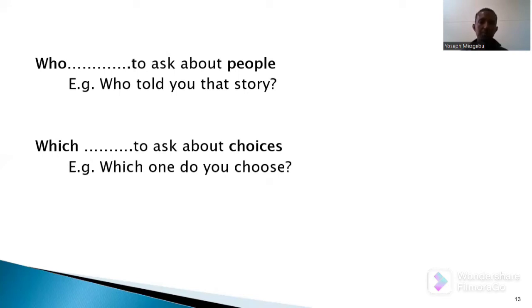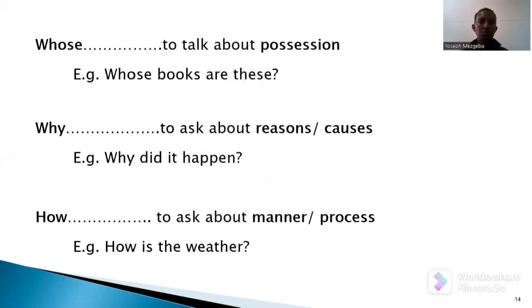So who refers to a person or people, not things, not place, not time. Which is used to ask about choices. Which one do you choose? Which shall we take now? Which way shall we go? These show choice. In this way we can use the wh words. Whose is used to talk about possession, ownership.